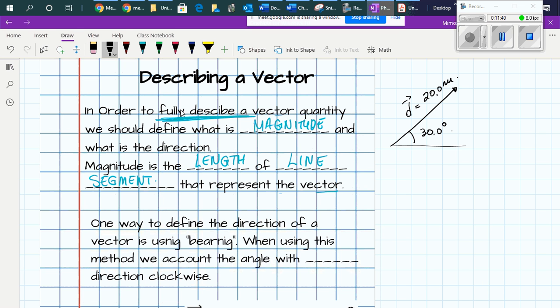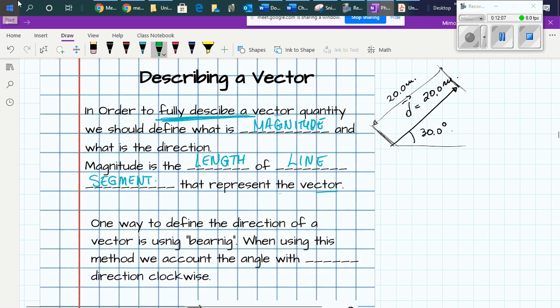So the length of this line segment that represents the vector, what is this line segment here? It is representing that 20 meters. And then the direction is based on the angle that you see here.